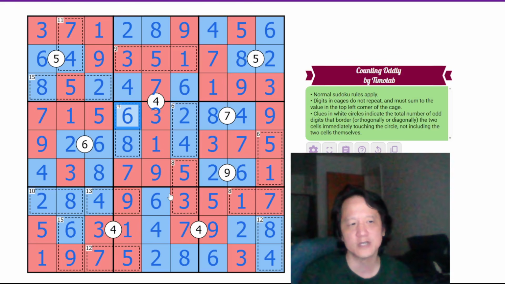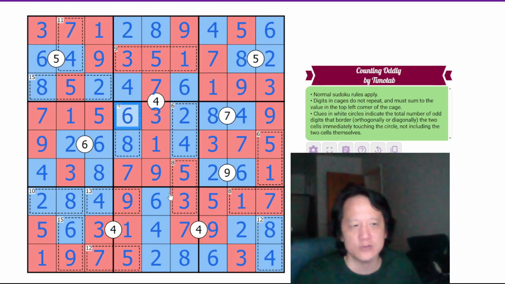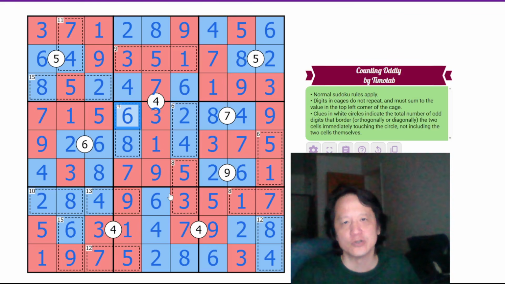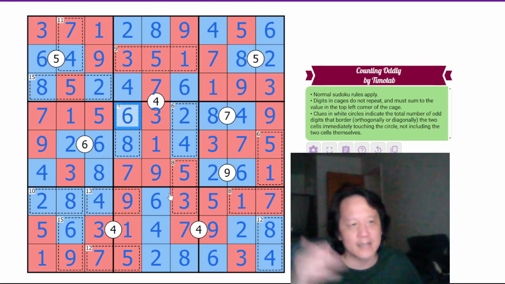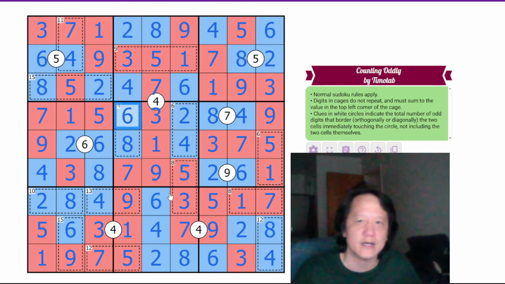Because it feels like it's a little more... I don't know. It just doesn't feel intuitive for somebody who hasn't done very much Sudoku. And that's what I would classify for very easy, is that someone who hasn't done very much Sudoku variants should be able to pick this up and, in a reasonable amount of time, solve this.